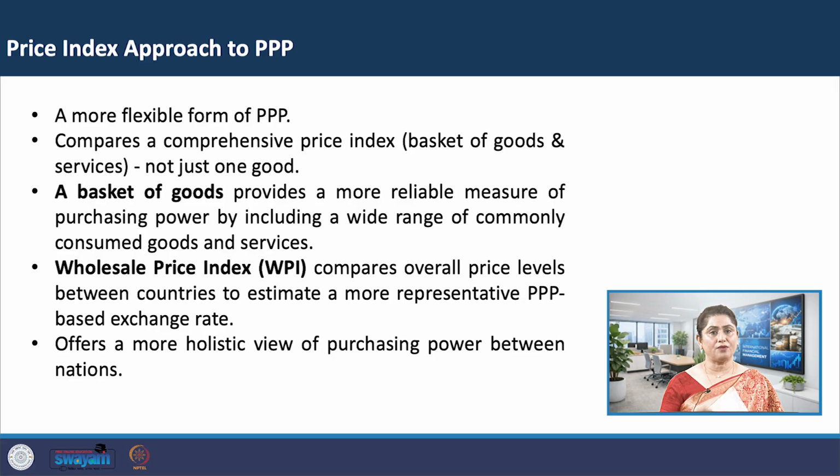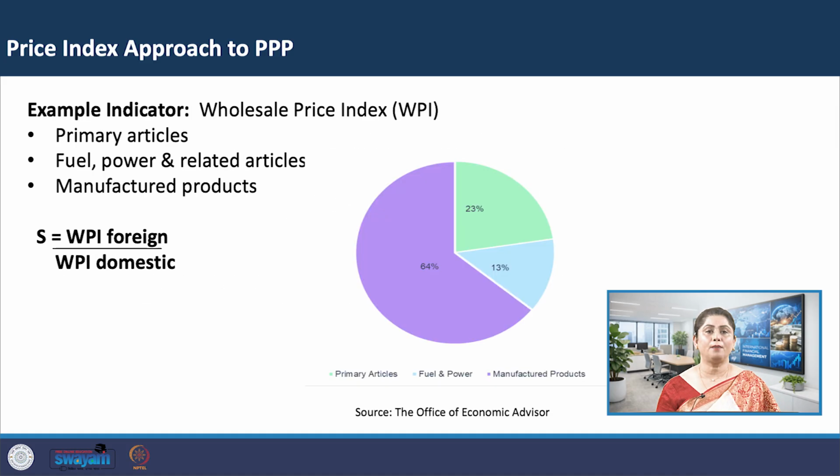The price of one item may be affected by local factors such as taxes, transportation costs, wages, branding, or consumer preferences. A basket of goods gives a broader and more reliable picture because it includes many different products and services that people commonly buy, such as food, clothing, housing, transport, and healthcare.